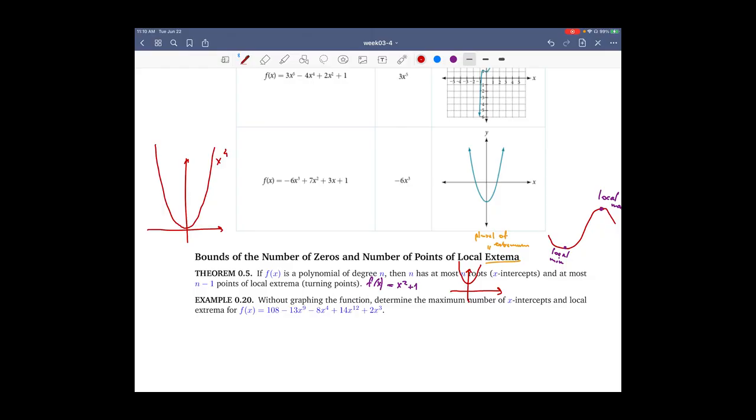How many points of local extrema does it have? Exactly 1. Degree is 4, n minus 1 would be 3, but it doesn't have 3 local extrema. It has exactly 1 extremum.